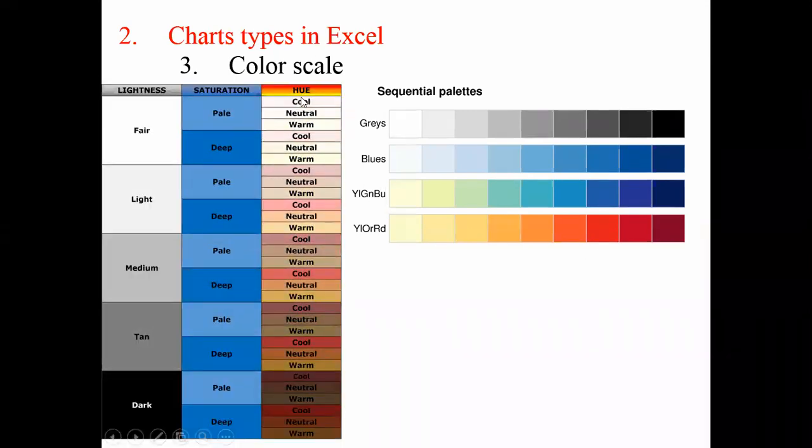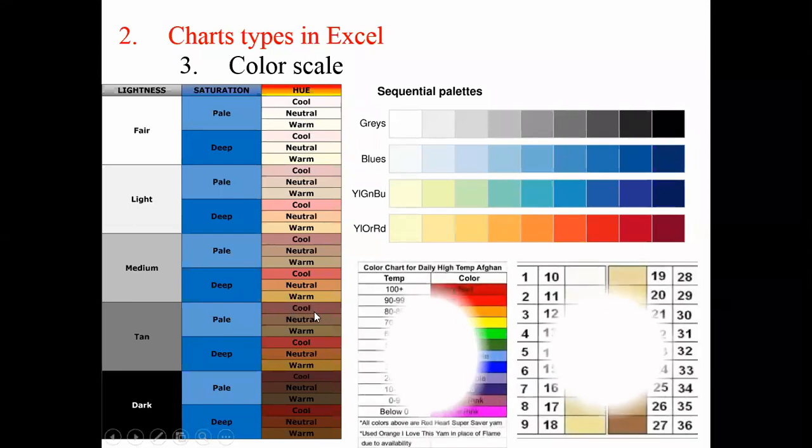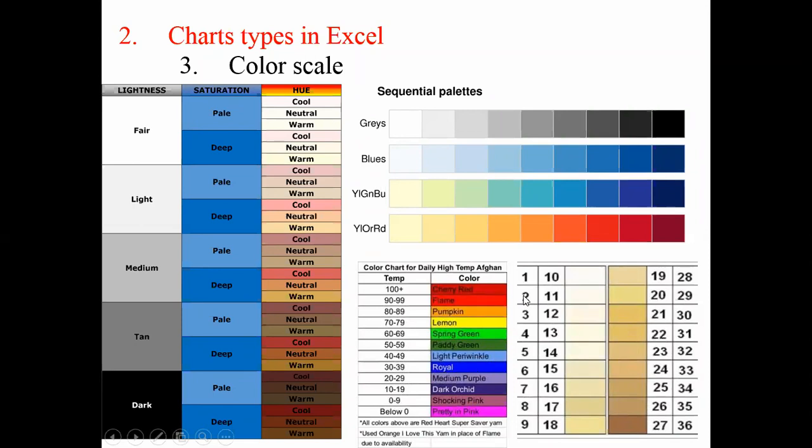As we see here, these are different types of color schemes, and we can give the data different colors in the table itself. We don't have a separate chart, but in the same table, we can give different colors according to the minimum and maximum values. In this table, for example, here this is the maximum value, and here the minimum value, and in between different colors as we see here.